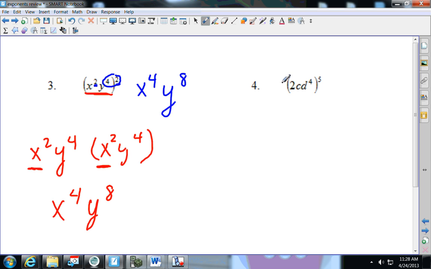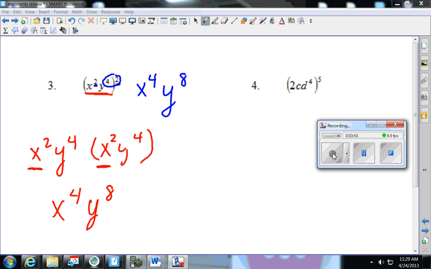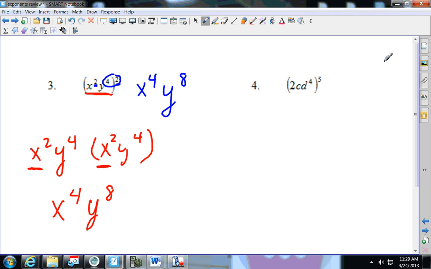Now, looking at number 4, let's try number 4. If you don't understand the power rules, then write them out in expanded form. On number 4, one of the ways I told you could do this is to write out what's inside the parentheses and write it out 5 times. 2c d to the 4th, and I could write that out 5 times.